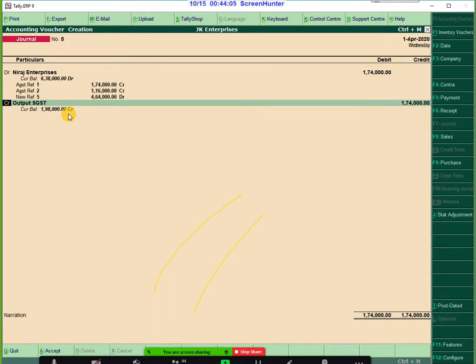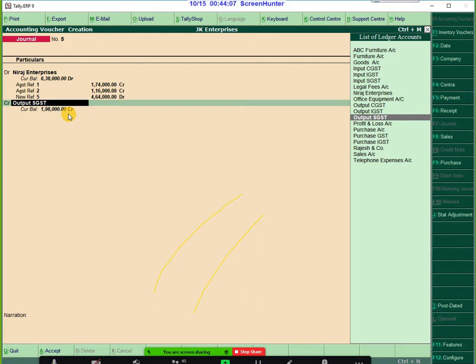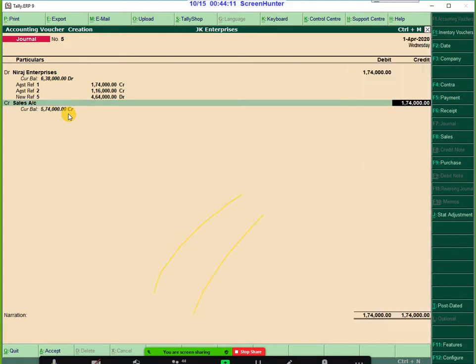Credit to sales account, goods sold for 1,50,000.